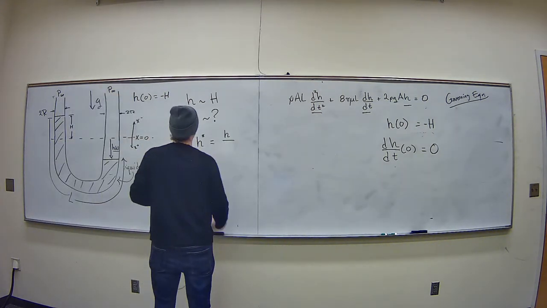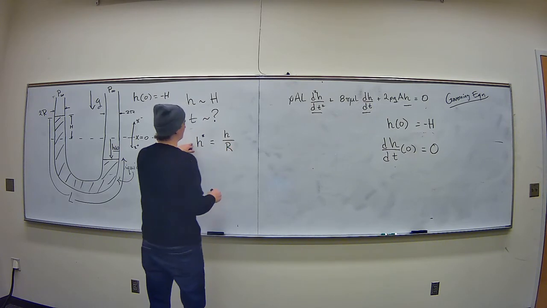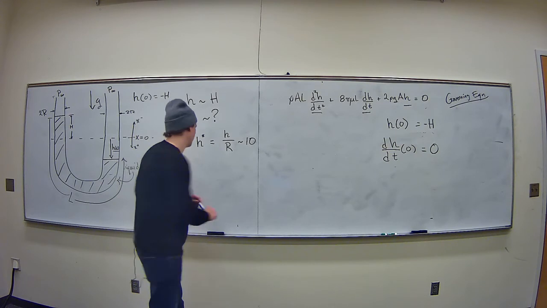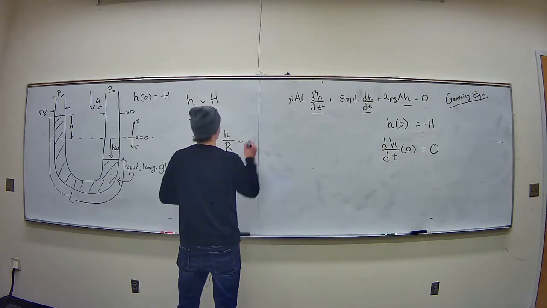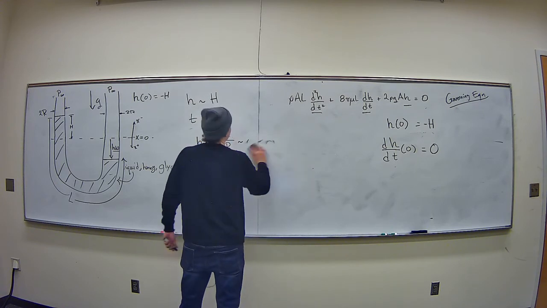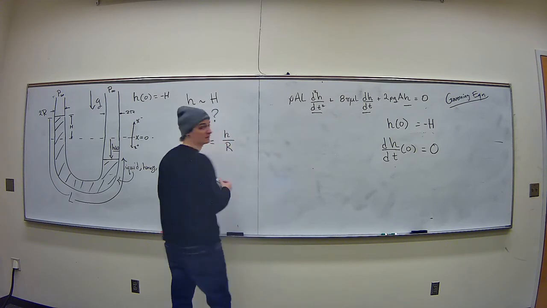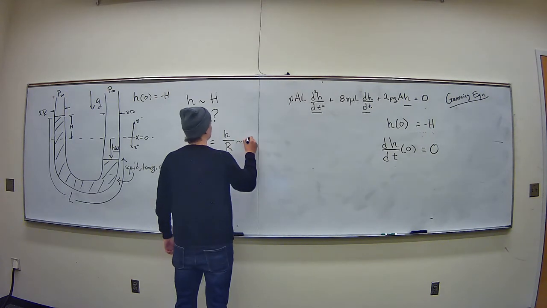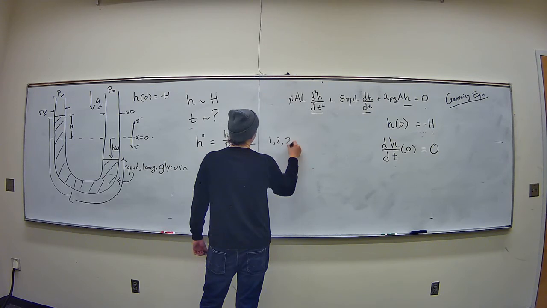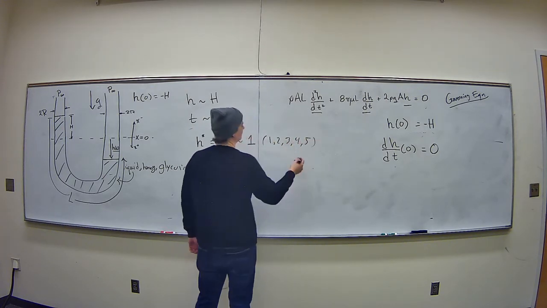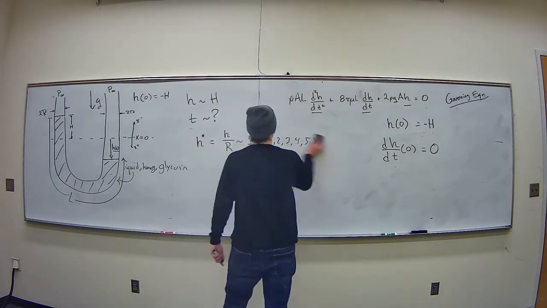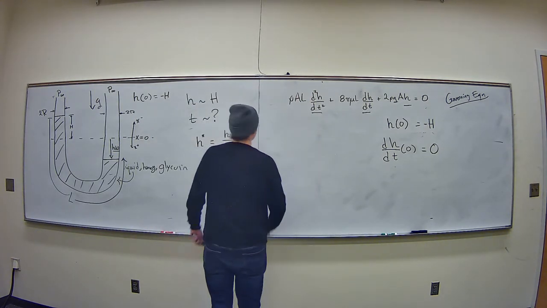Well, that would mean now a non-dimensional star could be like 10 or something. It could be a bad scaling, or this could end up looking like 0.001, which is bad. Because whenever you do this process of non-dimensionalization, what you want to end up happening is this number's like 1. And like 1 is sort of like 1, 2, 3, 4, 5, maybe up to 9. That's an order 1 number. But you certainly don't want it like 10 or 100 or 0.0001.